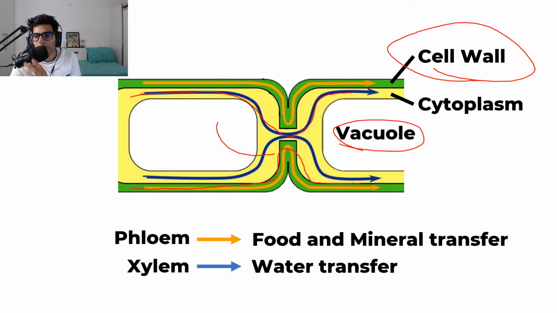So these orange line structures are where the food and mineral transfer happens. And the blue one, that is the xylem, is nothing but the water transfer. I think that is very clear, right? That is very self-explanatory and very easy to remember. So this is the structure of the inside of a stem. Please make sure to take a screenshot of this. I'm reminding you once again, take a screenshot of this and remember this.